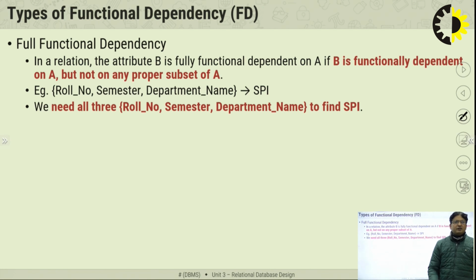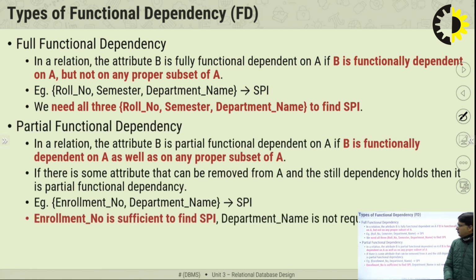We need all these three attributes to determine SPI. SPI is student progress index. So, all of these three are being used to determine the attribute SPI.